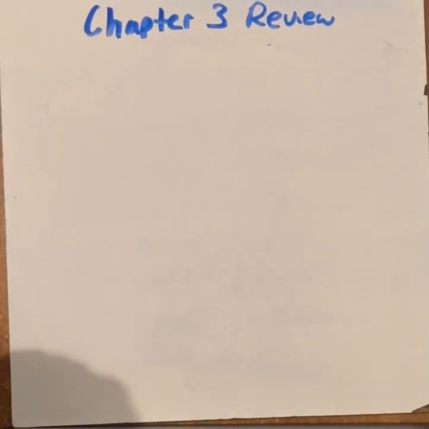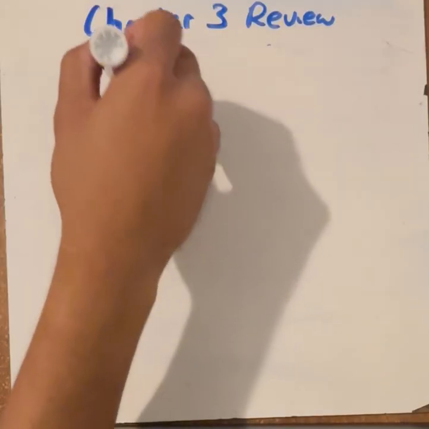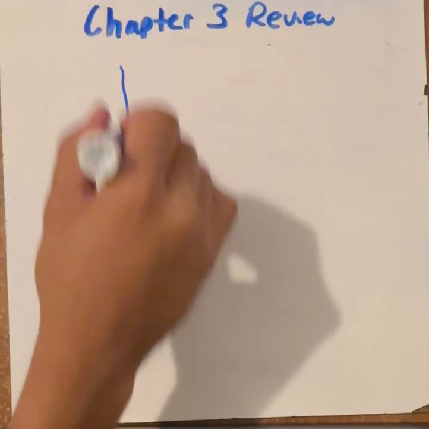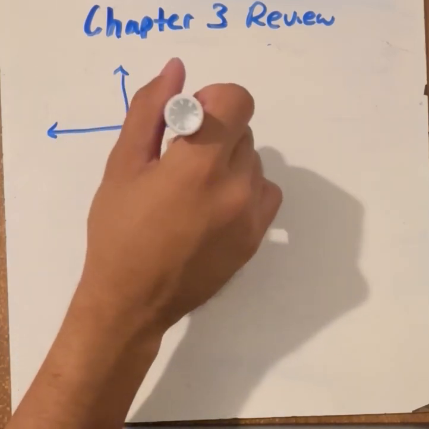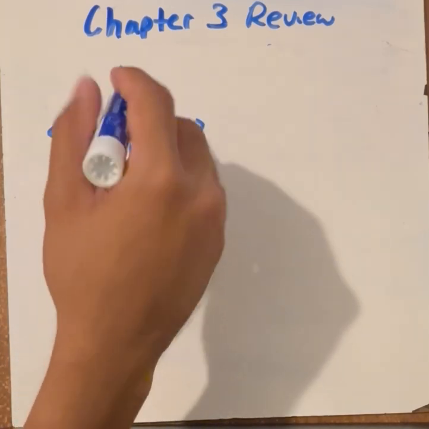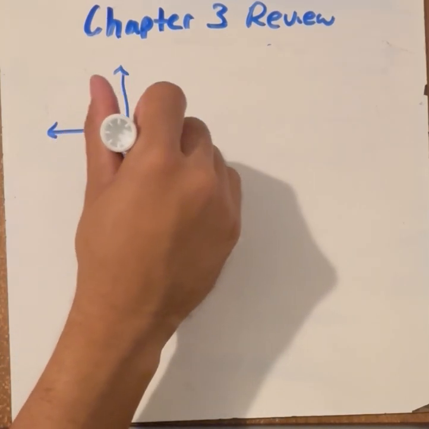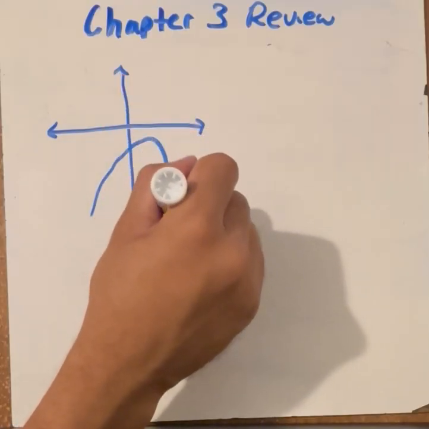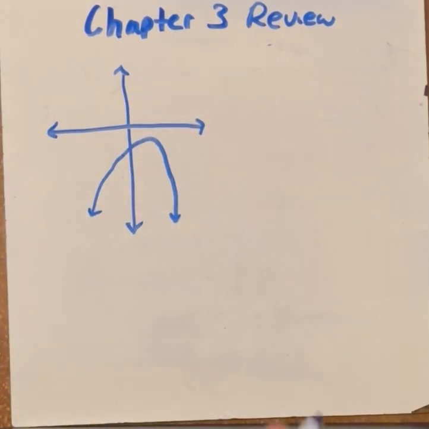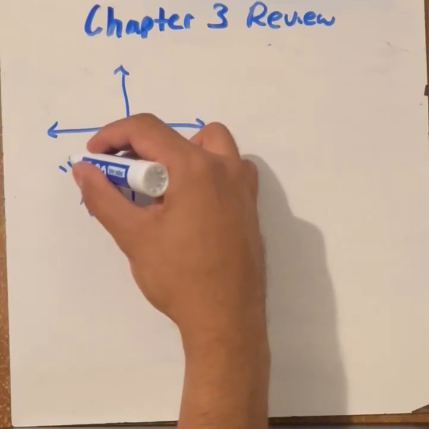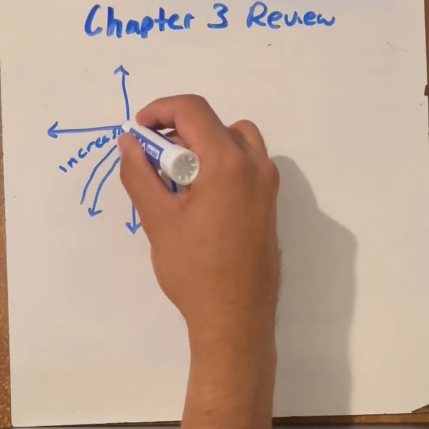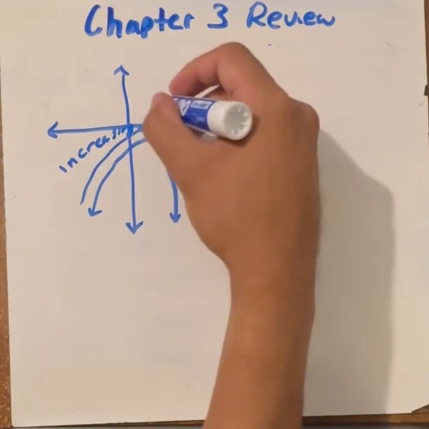So if the graph looks something like that, we can tell that it's increasing. Okay, all the way up until this is 1 right here.